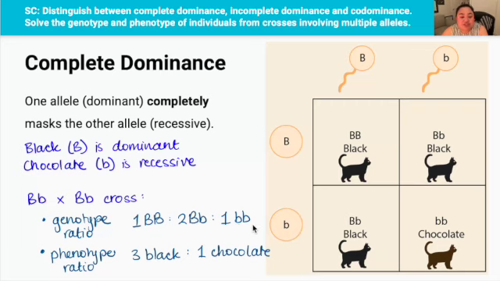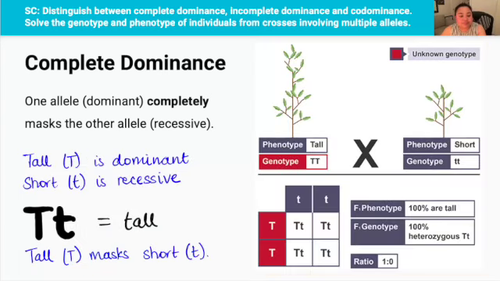The phenotype ratio is 3 black offspring to 1 chocolate offspring. Notice how there are only 2 phenotypes compared to the 3 genotypes. That's because the homozygous dominant and the heterozygous offspring all present as the dominant black phenotype, because the big B allele is dominant and will mask the little b allele, which is recessive.